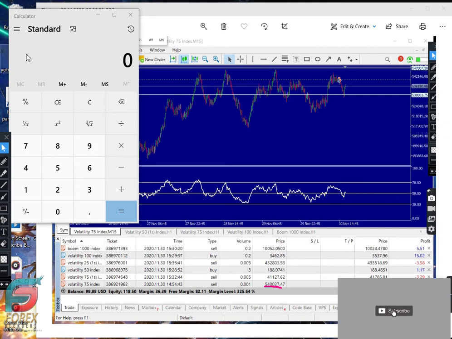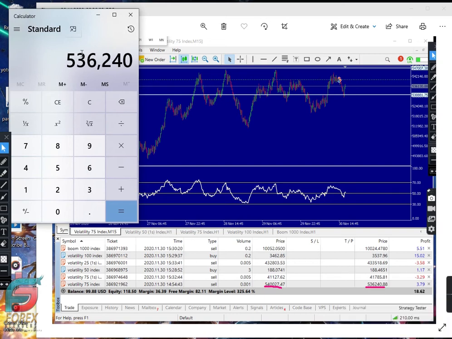We get 53,62 40.88 minus, don't ignore the decimal, 00,27 240 07.47. Okay, we are getting minus 337.86.59. So this Volatility 75 has moved 3,706 points.